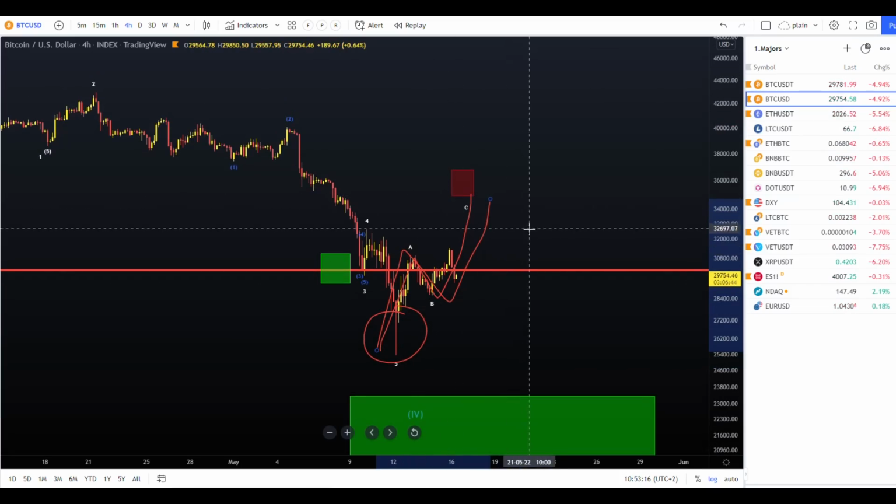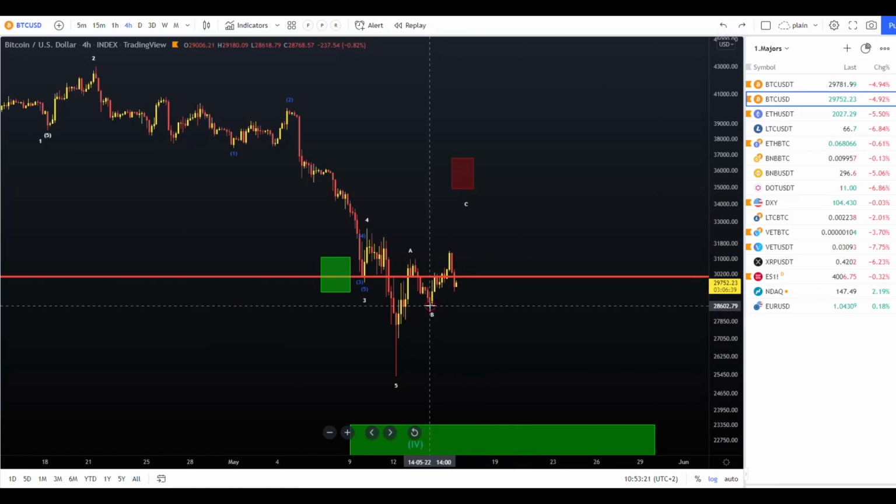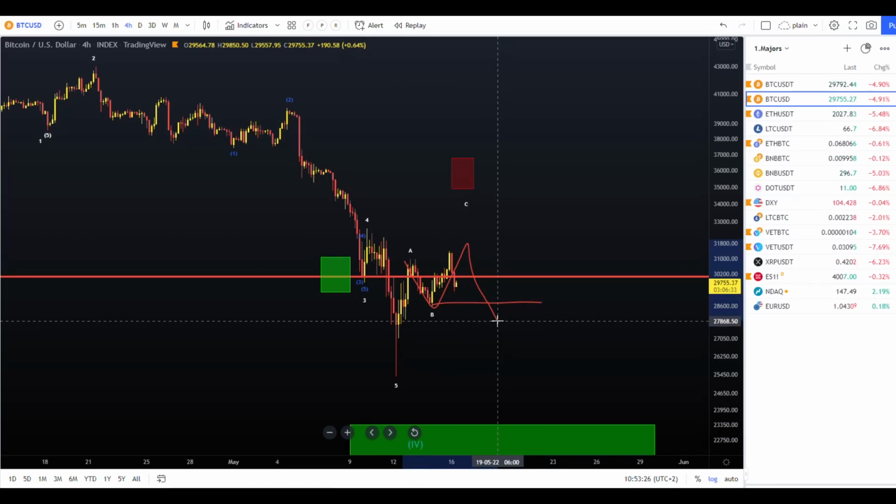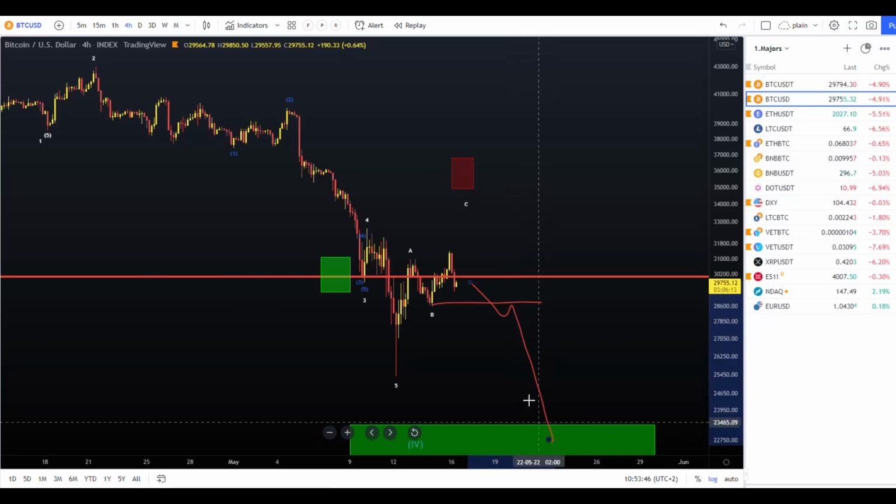I think it still has a good chance to play out, as long as we do not break below this B. If we break below B, this is still also a possibility, and then you need to watch what happens here. If we break below B, so the low from the 14th, which was on Saturday, then you watch, do we get a bearish retest and down, or do we break back above and continue to make that move, and that would be your long.